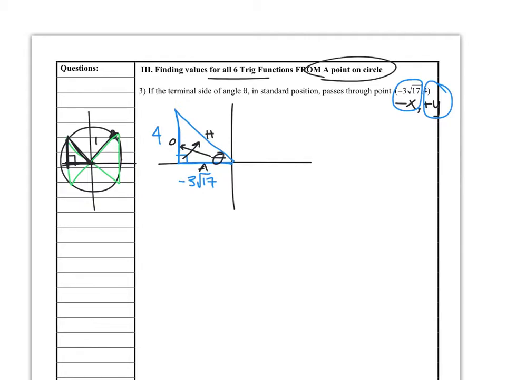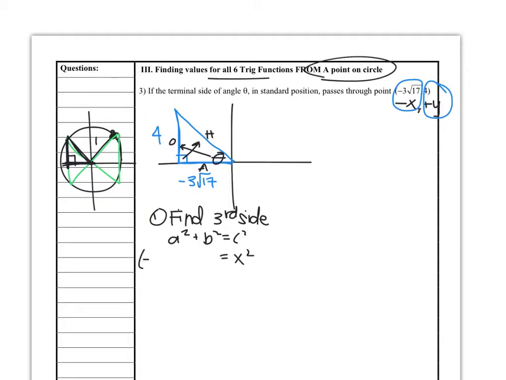So in order to find all 6 trig functions, we got to find that third side first. So find third side. A squared plus b squared equals c squared. And with this one, our hypotenuse is unknown, so that gets to be the x squared this time.